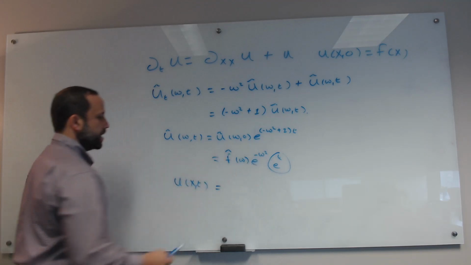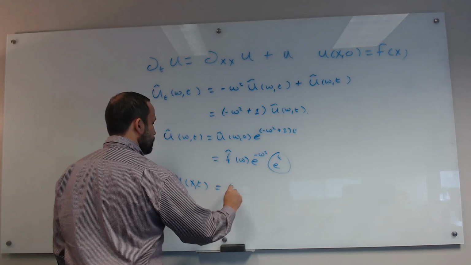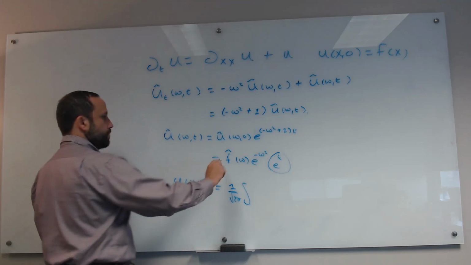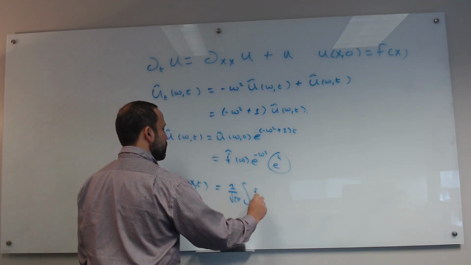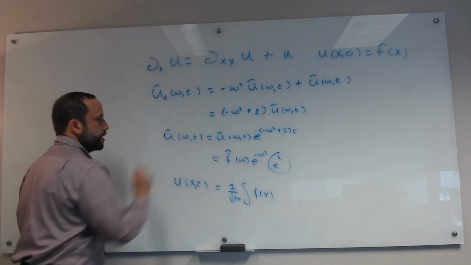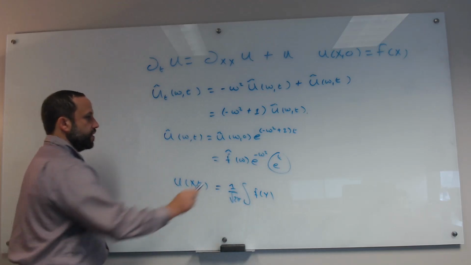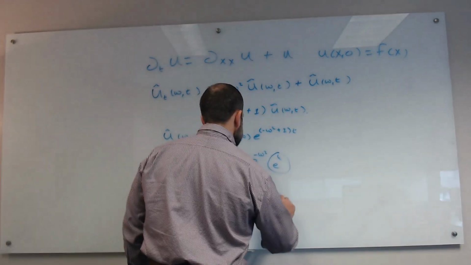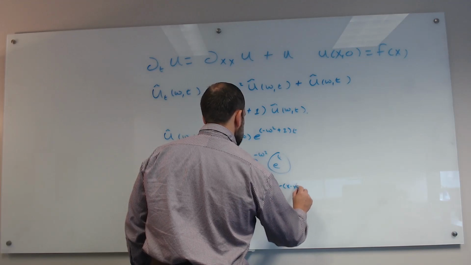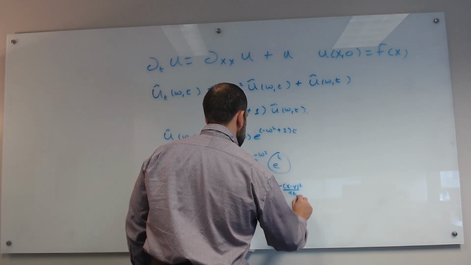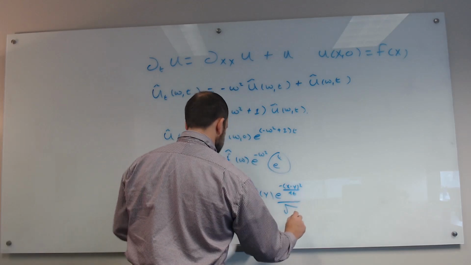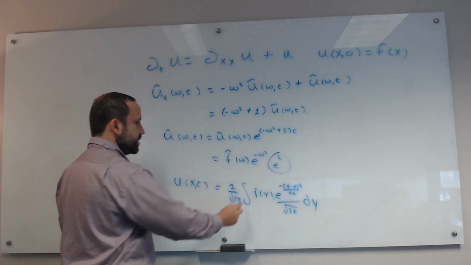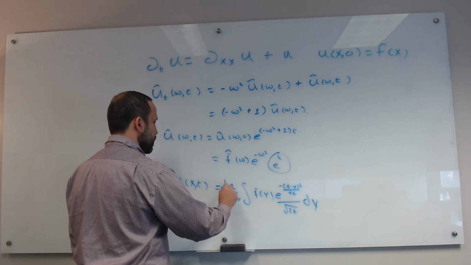And now the inverse Fourier transform of this part is going to be 1 over the square root of 2 pi times the convolution of the inverse Fourier transform of f hat, which is just f, and the inverse Fourier transform of e to the minus omega squared t, and that's going to be e to the minus (x minus y) squared over 4t, divided by, I can never remember what it is, the square root of 2t, dy, and then this e to the t right here just multiplies this, so we can do it like that.